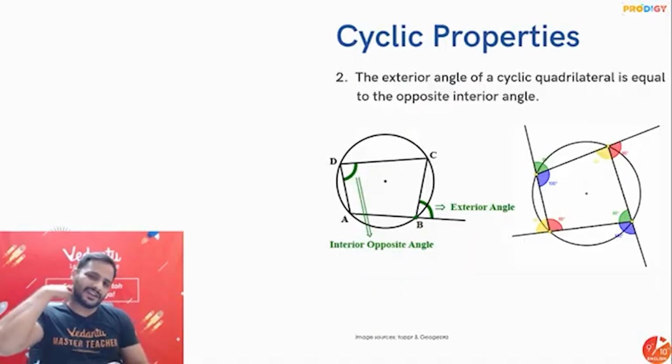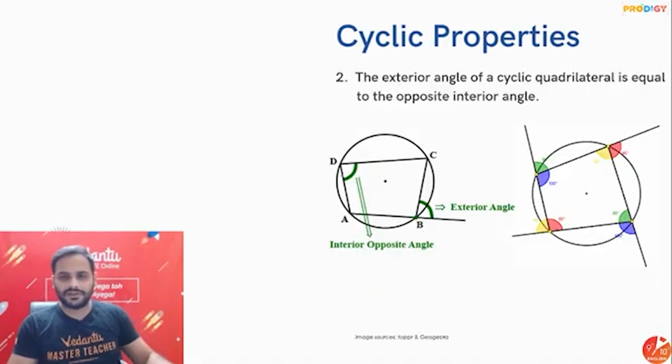From here we can get another property that the exterior angle of a cyclic quadrilateral is equal to the opposite interior angle. How? It's very easy guys. We know angle D and this angle over here, let's say it is X and it is Y. These two will be supplementary, yes or no?